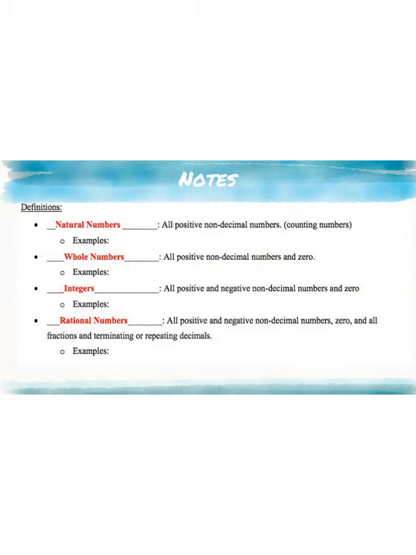The definition of a natural number is all positive, non-decimal numbers. These are our counting numbers. The definition of a whole number is all positive, non-decimal numbers and 0.